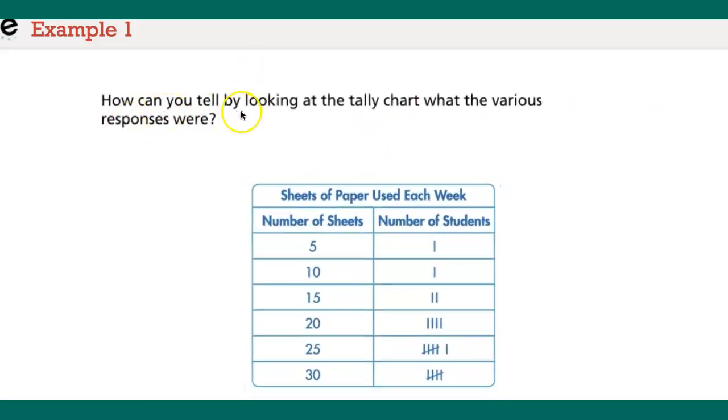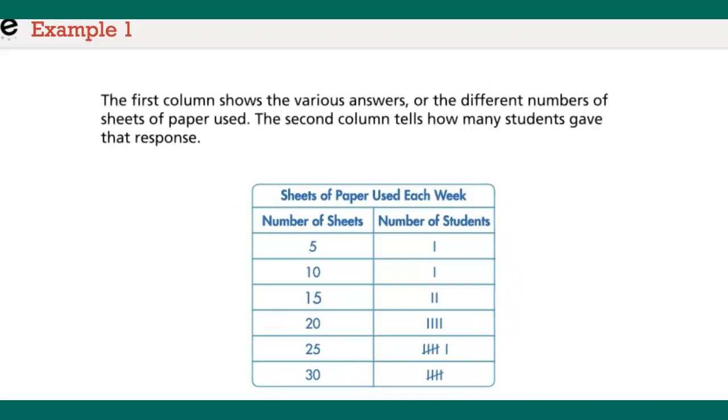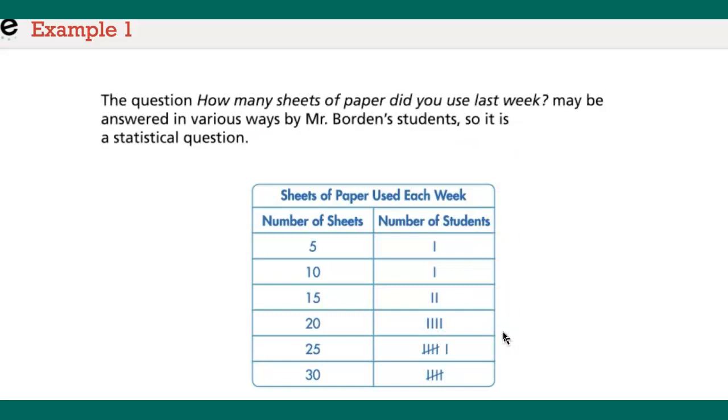How can you tell by looking at the tally chart what the various responses were? The first column shows the various answers, the different numbers of sheets of paper used. The second column tells us how many students gave that response.